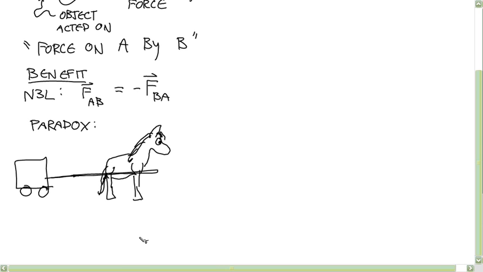So draw a free body diagram of the horse. Okay, it sort of turned into a dinosaur. So you have these forces.